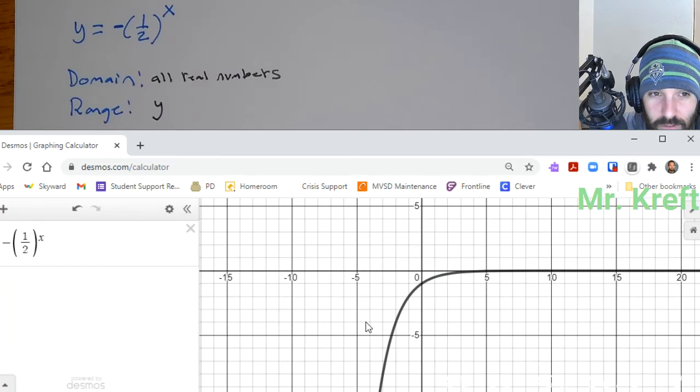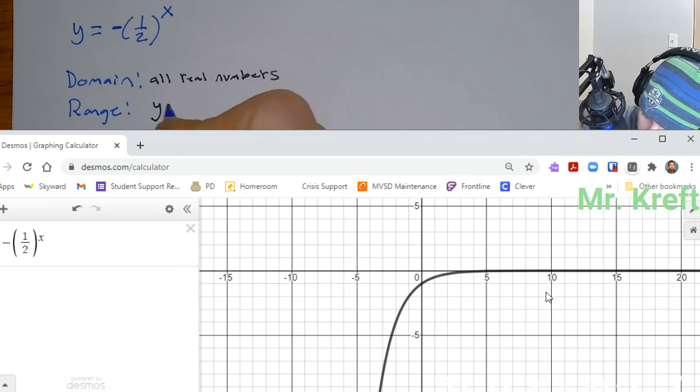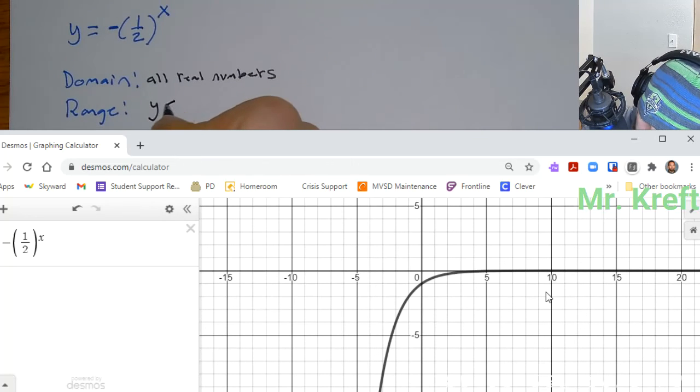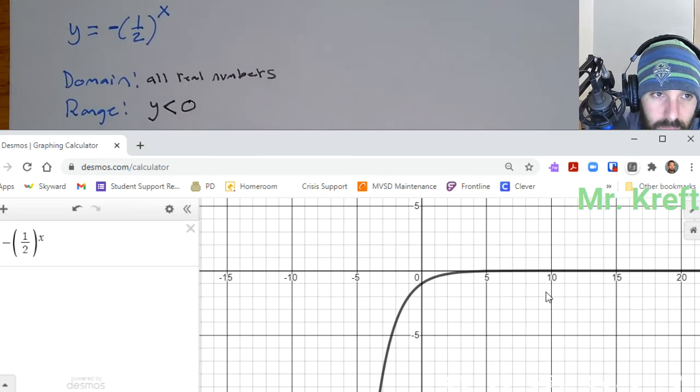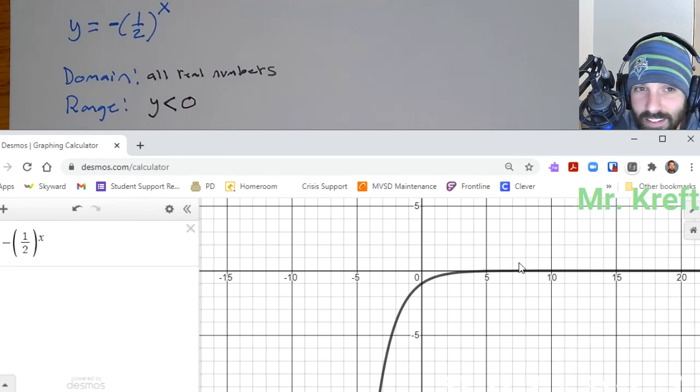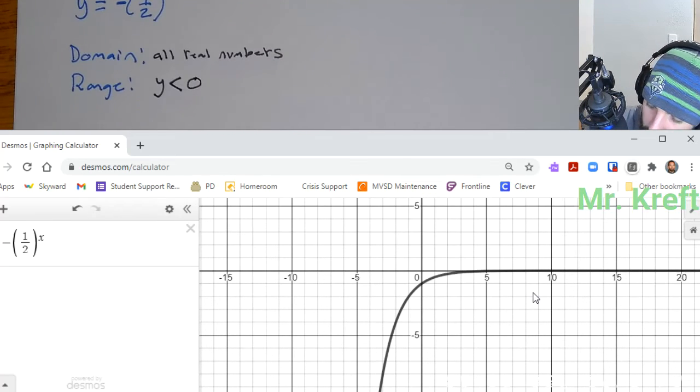Right? So look at this graph. See how all the outputs are negative? Yeah, it's lower. So instead of using greater, we can say less. Less means below. So I would say, actually, the answer here is lower. So y is less than 0. Okay, because remember here, it doesn't actually equal 0.